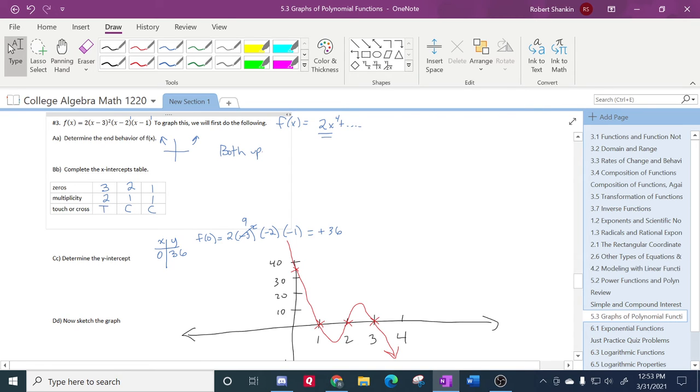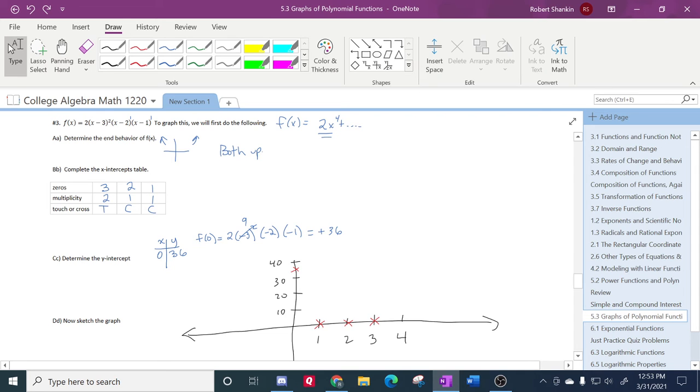Because the end behavior was both up, and I ended up with down on the far right. How did I end up with the wrong thing? Well, because I wasn't paying attention to the touches and the crosses. If I pay careful attention to the touches and the crosses, I won't have this thing that contradicts the end behavior show up. So let me undo that.